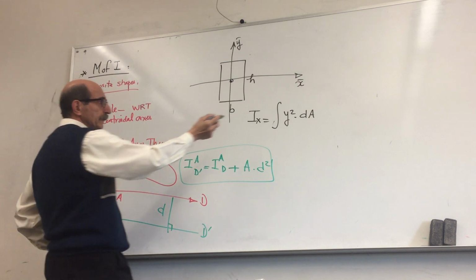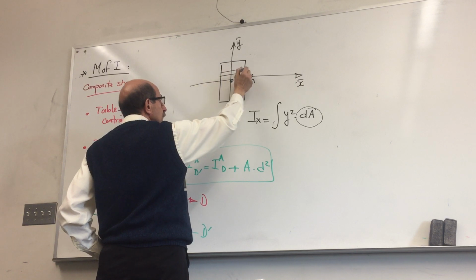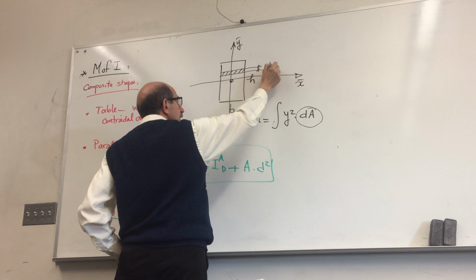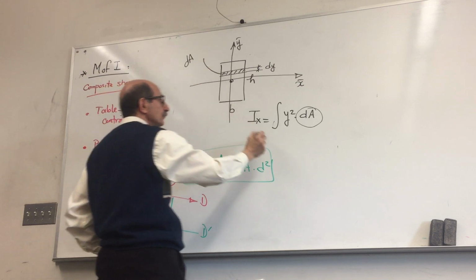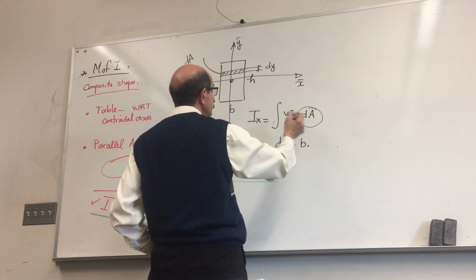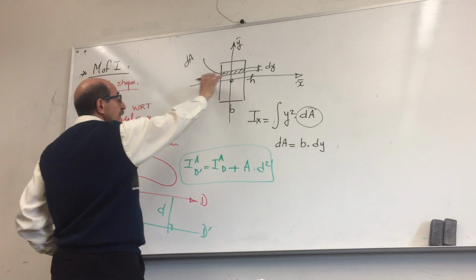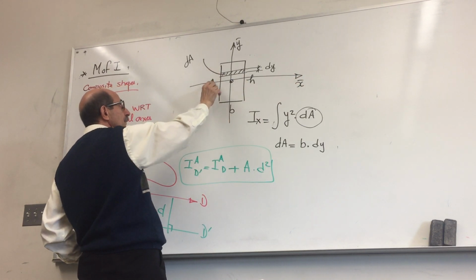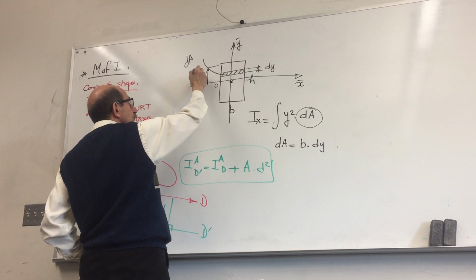So for that one, we said you set up a dA with sides parallel to the x-axis. So this is the dA. This would be then dy. So dA would be simply b times dy. In order to perform this integration, this shape is symmetric with respect to this axis. So instead of performing this integration from here to here, I do it from 0 to h over 2.